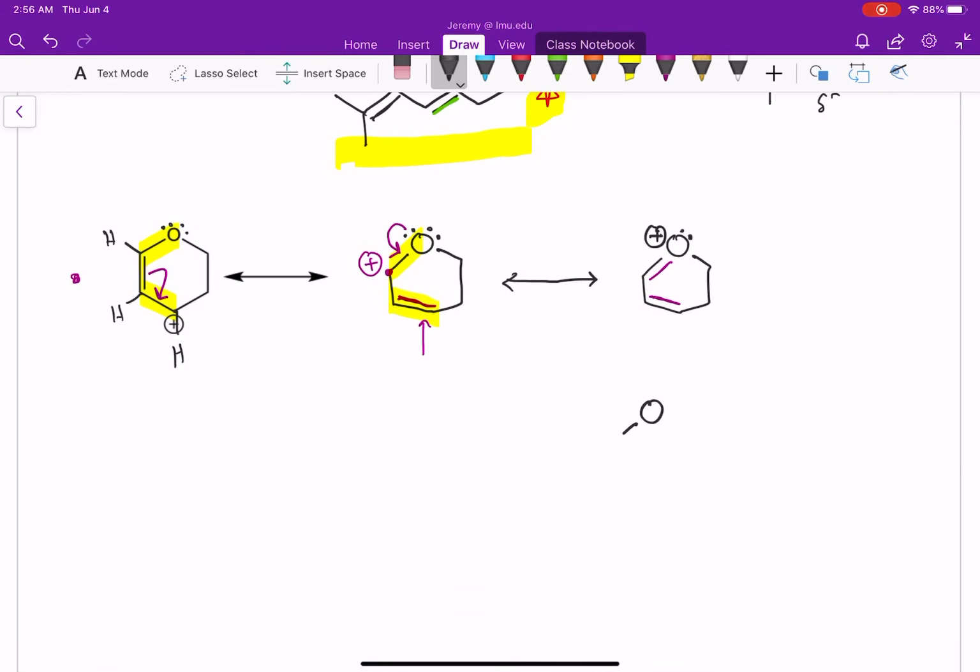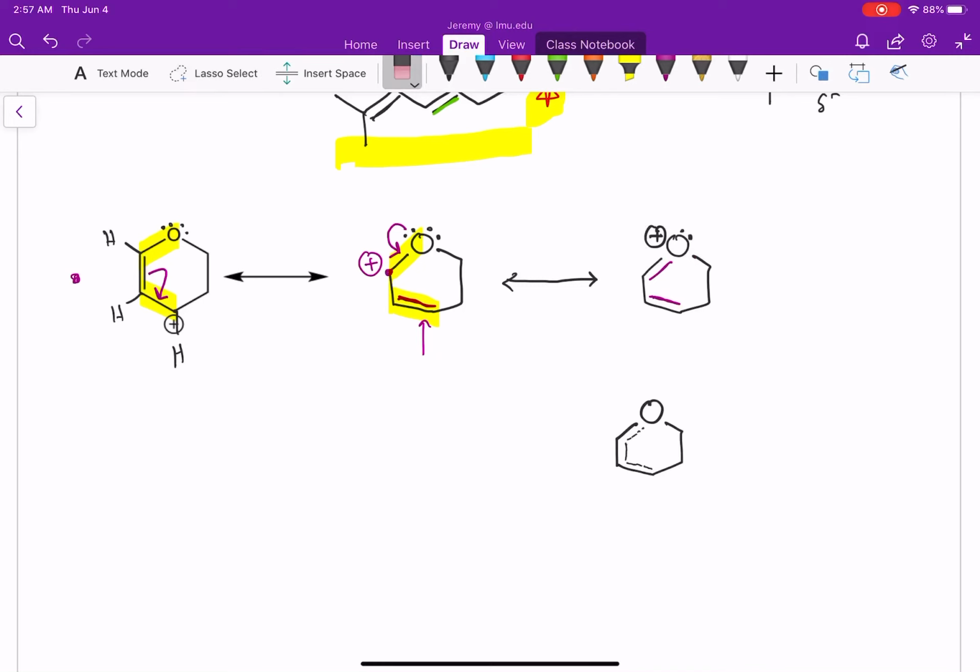We can draw our resonance hybrid. I'm drawing dashed lines because this bond sometimes has a double, no double, double, double. Here has a double, doesn't have a double, doesn't have a double, does, right?